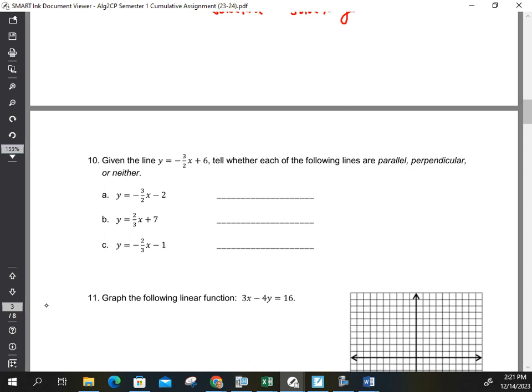So problem 10. They're giving you an equation. They're asking you, are the lines parallel or perpendicular or neither? So all of these are in y equals mx plus b format. So you can identify the slope. You can tell what the slopes are, but you need to know what parallel and perpendicular mean. Parallel, remember, is the slopes have to be the same.